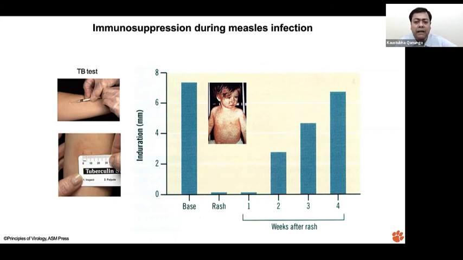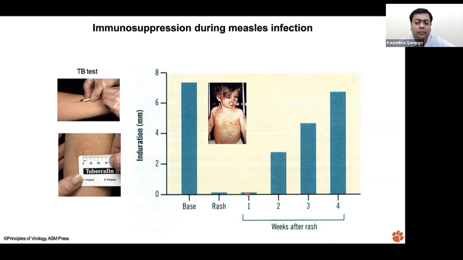But what happens if a patient is infected with the measles virus? Without the measles virus, a patient who is not positive for tuberculin or TB has approximately a 7 millimeter bump.